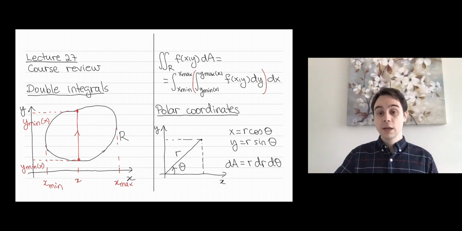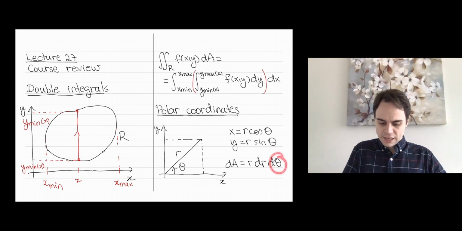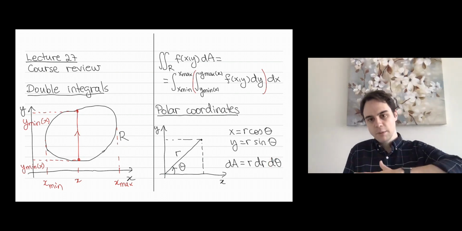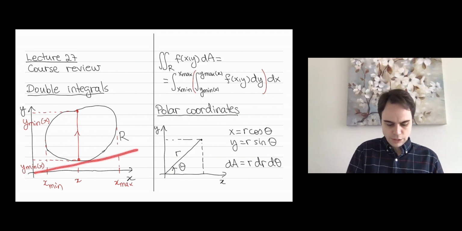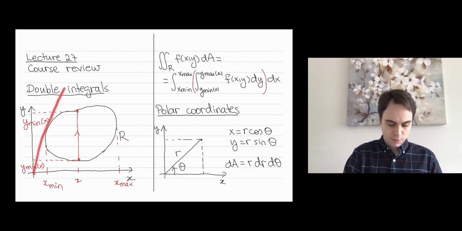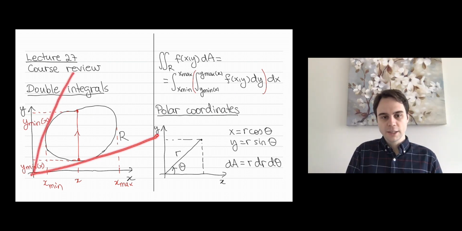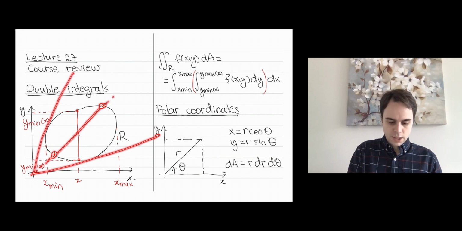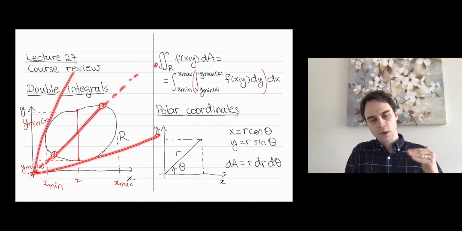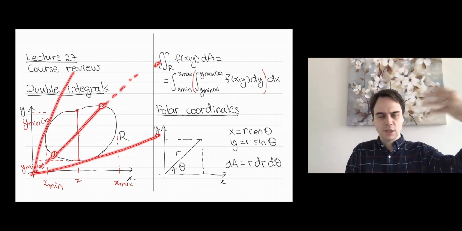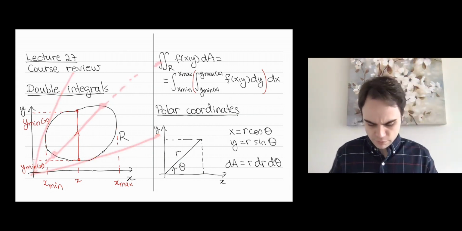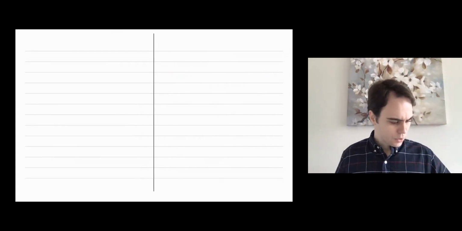We usually set up the integral with d theta outside, so we find the minimum value of theta in the whole region, then the maximum value of theta in the whole region, so you place your region in a cone like this, and then for each intermediate value of theta, you shoot out a ray, and the bounds for the r integral are the value of r when you first enter the region, and then the upper bound for r is the value of r when you leave the region.